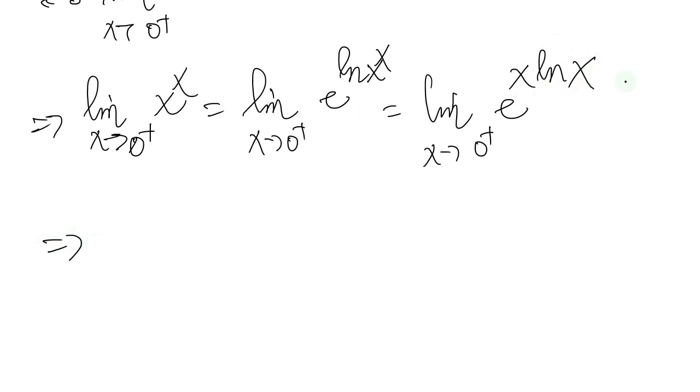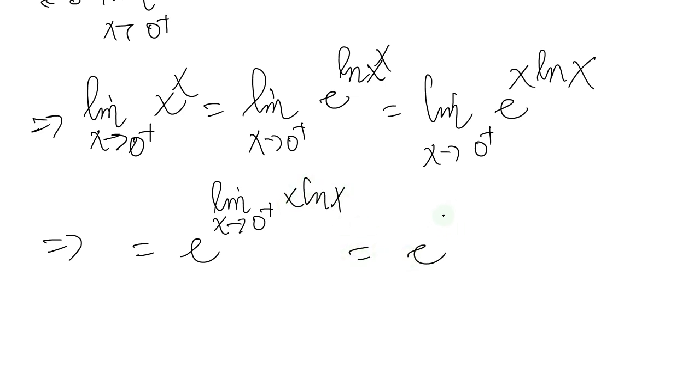So now we say that this is equal to the limit as x goes to 0 plus of e to the, we said that this was e to the limit of x ln of x, and I'm just simplifying every step we did here.